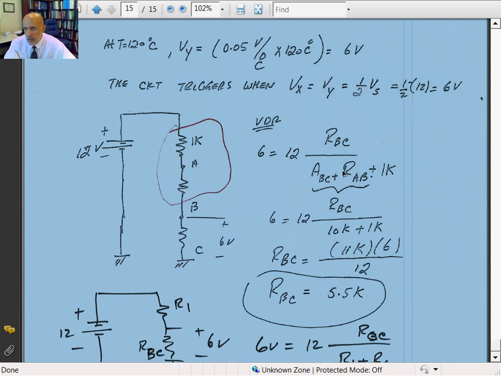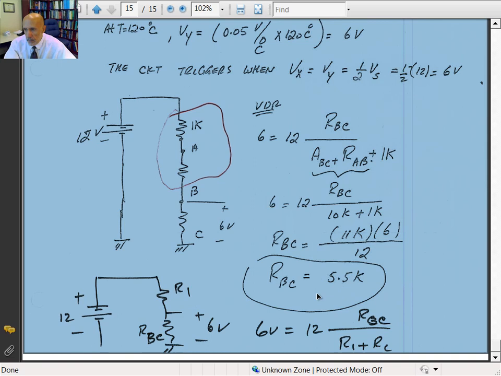But R of BC plus R of AB is your total potentiometer setting, which is 10K. So 6 is equal to 12 times R of BC, the value we're looking for, over 10K plus 1K, which gives you 11K. So R of BC equals 6 times 11K divided by 12, which gives R of BC equal to 5.5K.